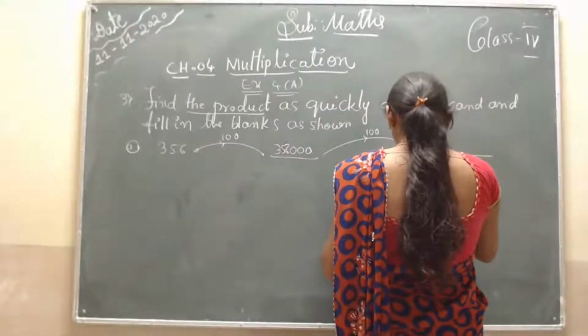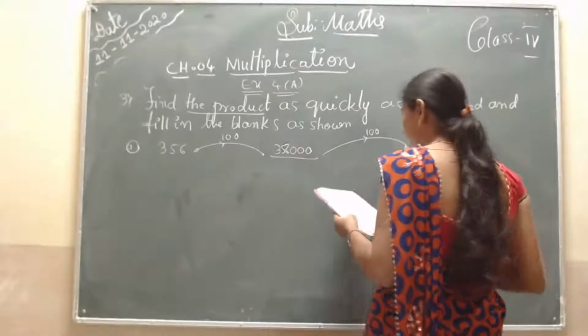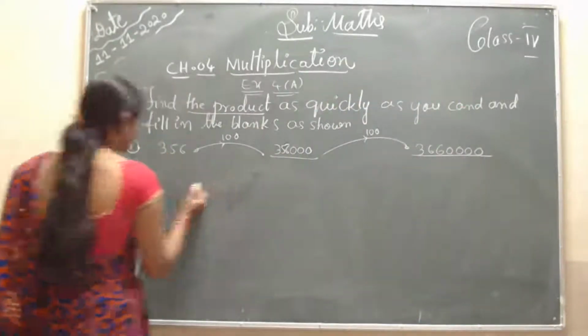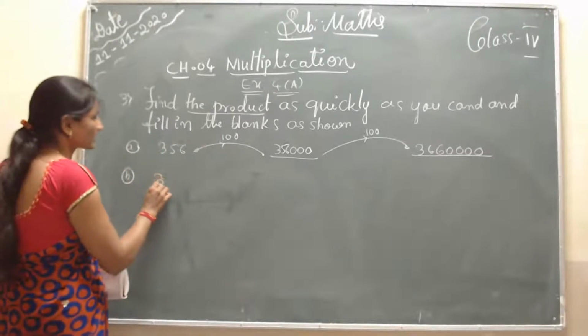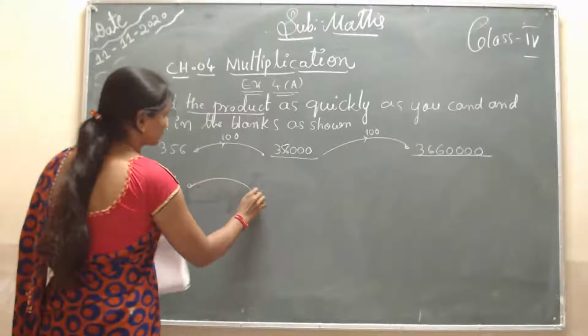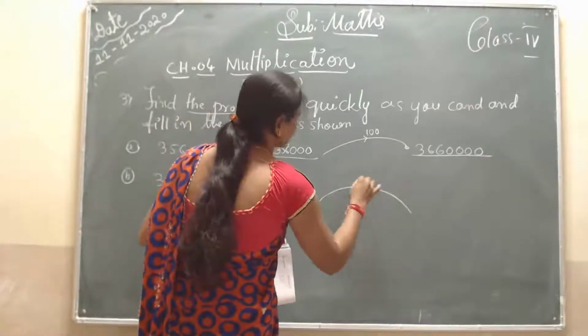So 35 lakh 60,000. Yes, this is the first question. Next, what is the B? 37.